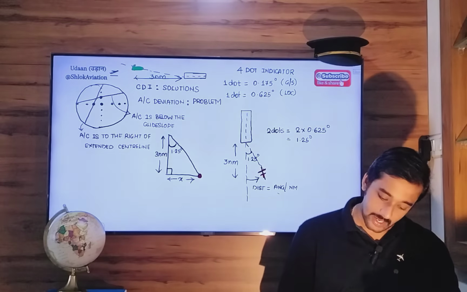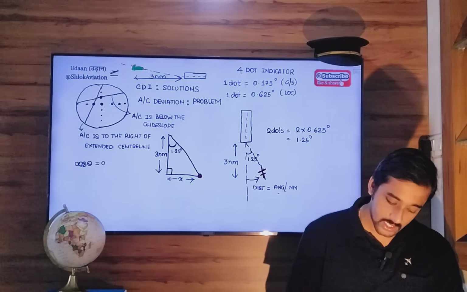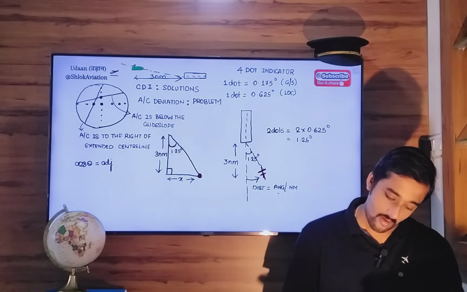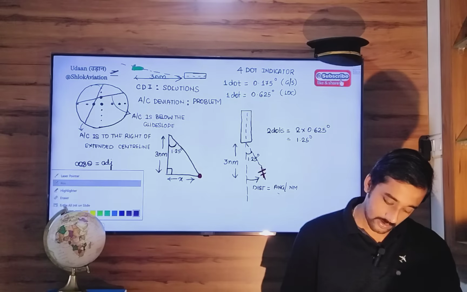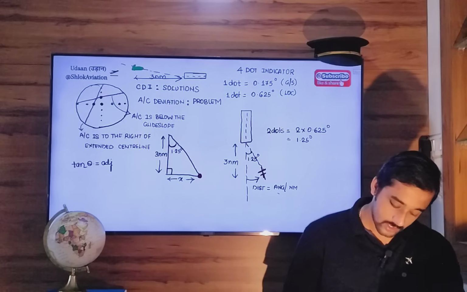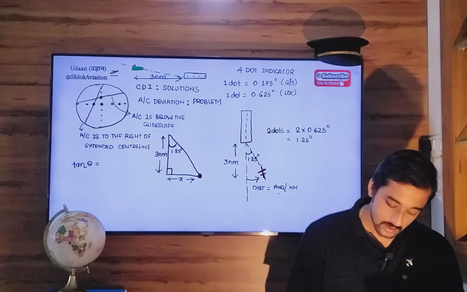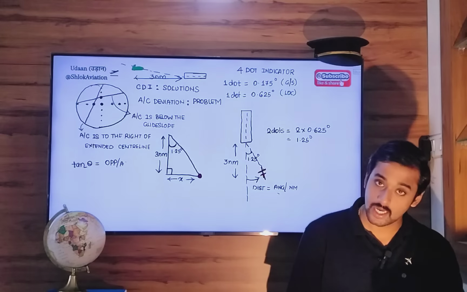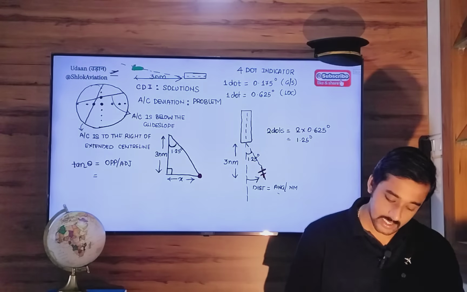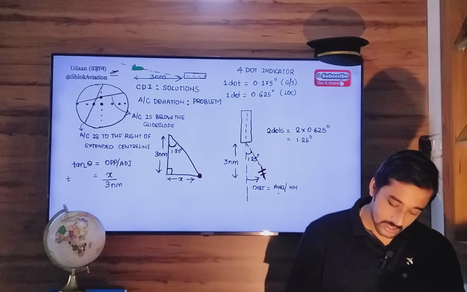So we can apply tan theta formula, which is opposite side upon adjacent side. Opposite side is x, adjacent side is 3 nautical miles, tan of 1.25.